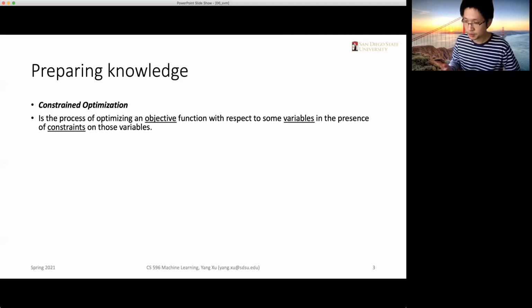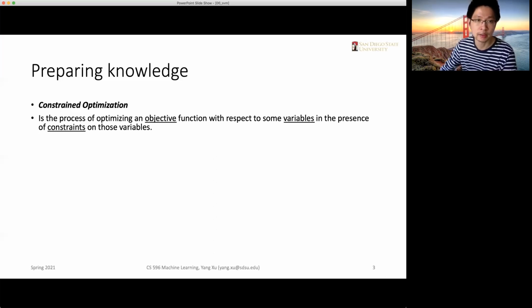It can remind you of the work we have done for linear regression and logistic regression. In both problems, we defined the cost function as our objective. It is the cost function that we want to minimize, so we already know what an objective function is.